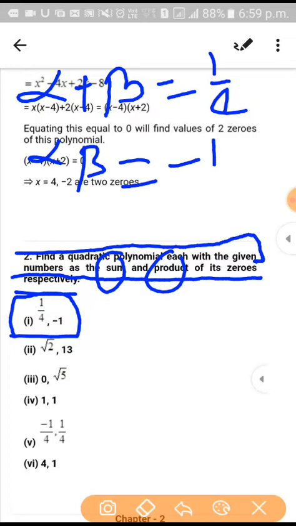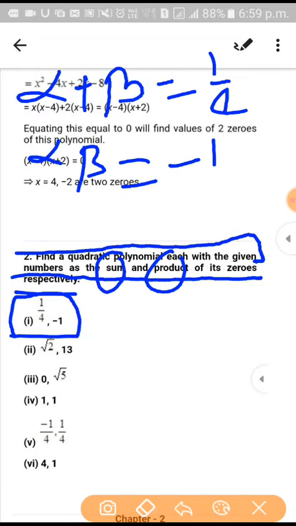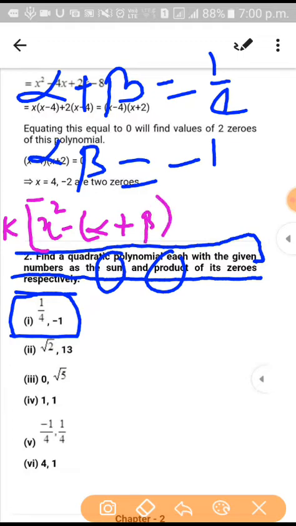The formula for that is k x square minus alpha plus beta into x plus alpha multiply beta. You remember, right? Now we will put the values.